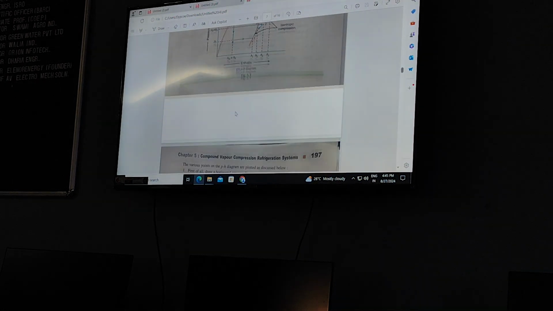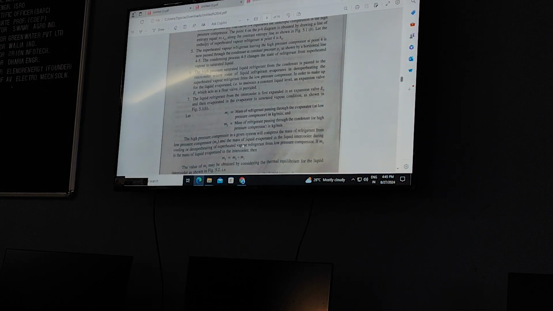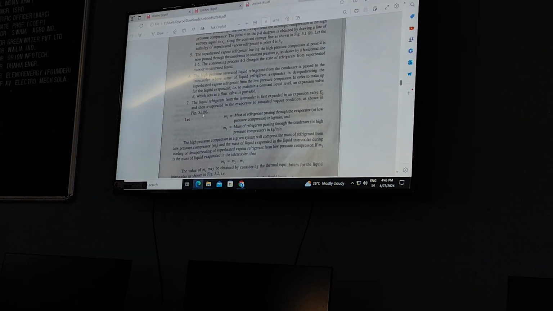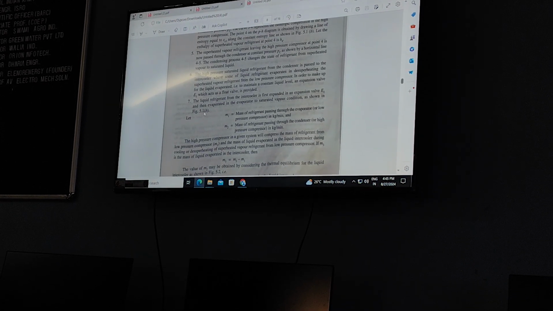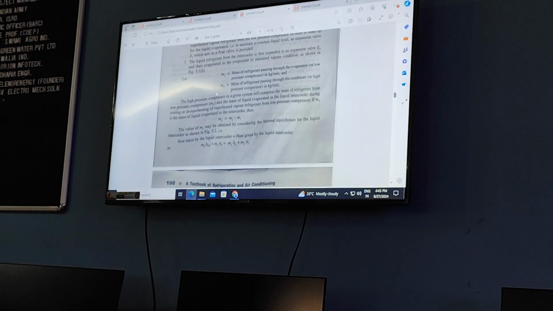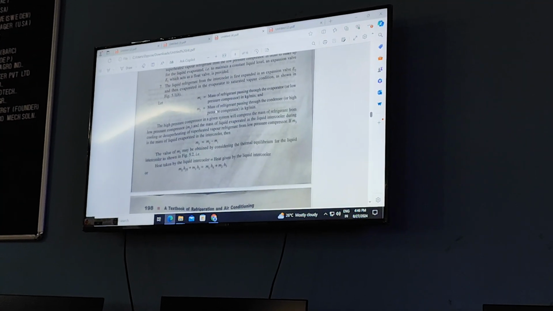And the same thing, this formula M1, M2. Now, if it is asked for 5 marks, you don't need to write too much. It is just for your understanding so that you can solve the numericals. As per marks, you need to write it. M1 is what? Refrigerant in the first compressor. M2 is what?